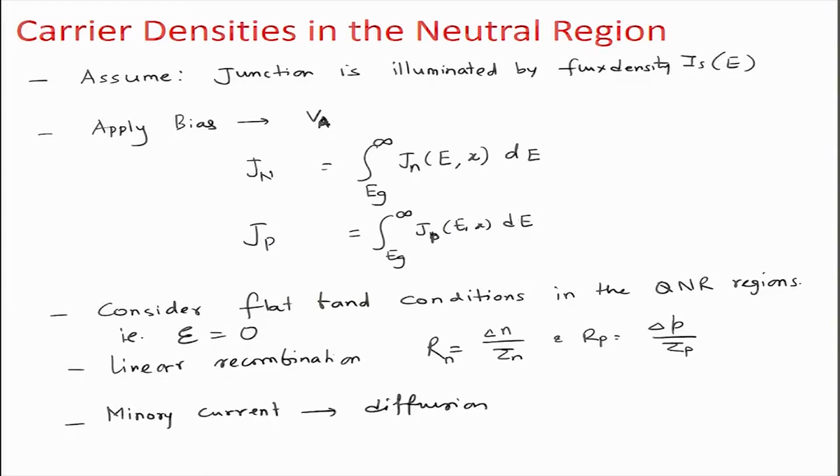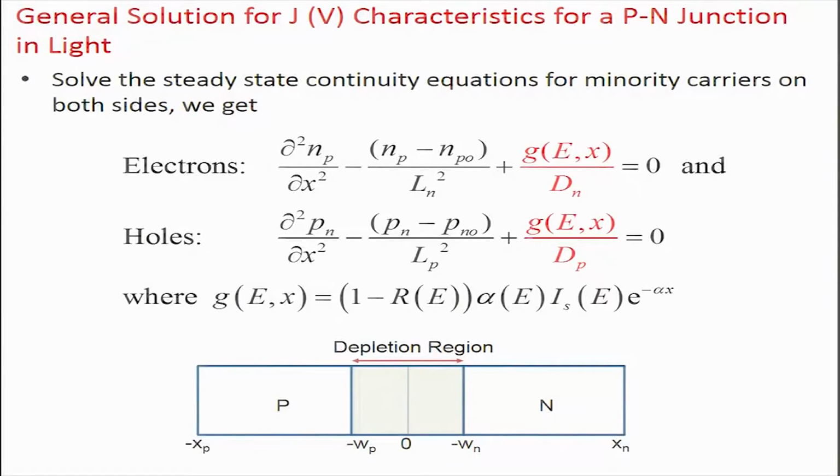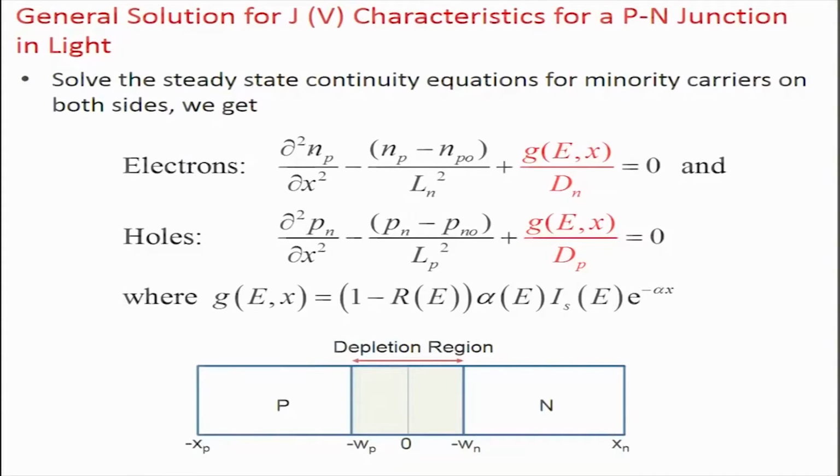So now we have a general solution for the JV characteristics of a PN junction in light. The steady state continuity equations for minority carriers on both sides are, for electrons, del 2 Np by del x2 minus (Np minus Np naught) divided by Ln square, which is the diffusion length, right.